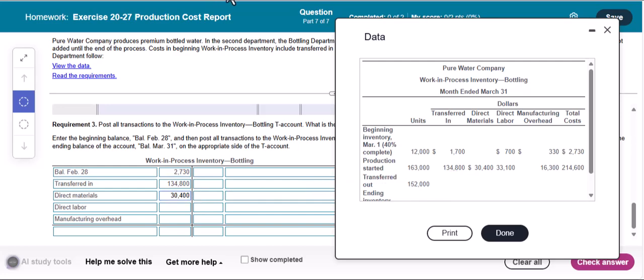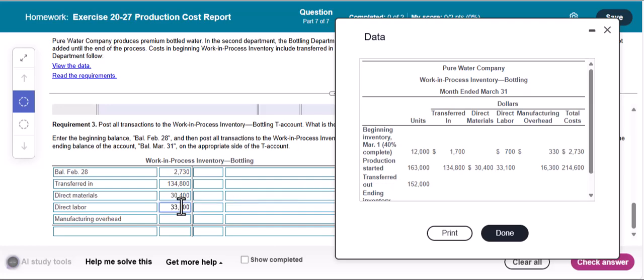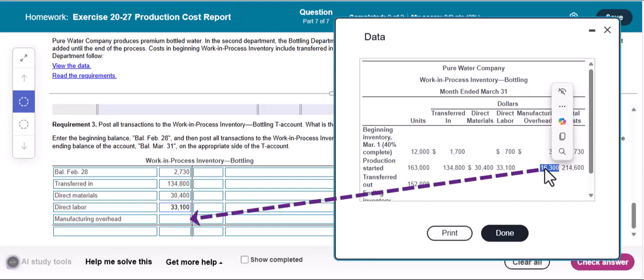And then next up we have direct labor, so that comes next here in our table. It's 33,100. Copy and paste that over. And remember, this is all for the units that were started and transferred in. And then next up we have manufacturing overhead, that's 16,300. Copy and paste.